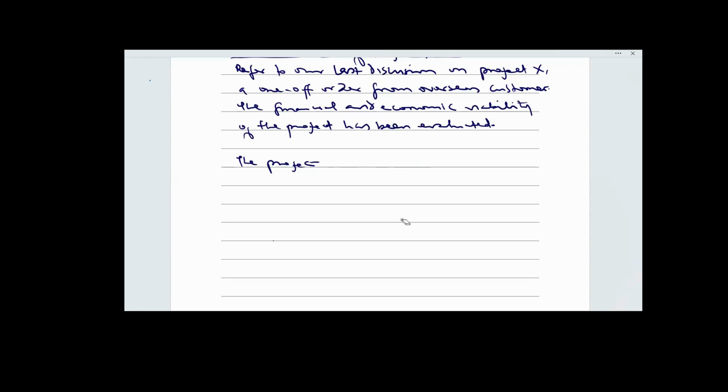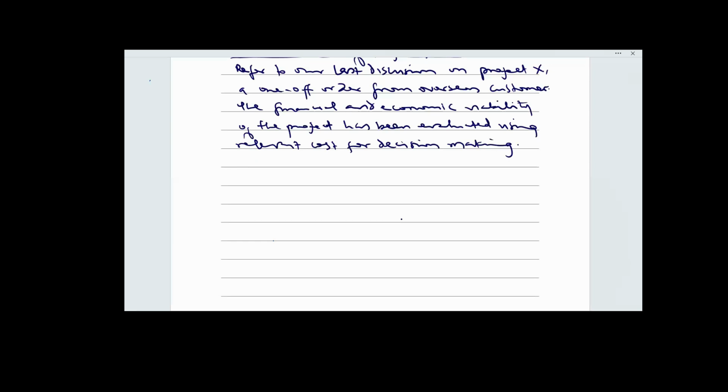Let me continue with that paragraph. So that's using relevant costs for decision making.